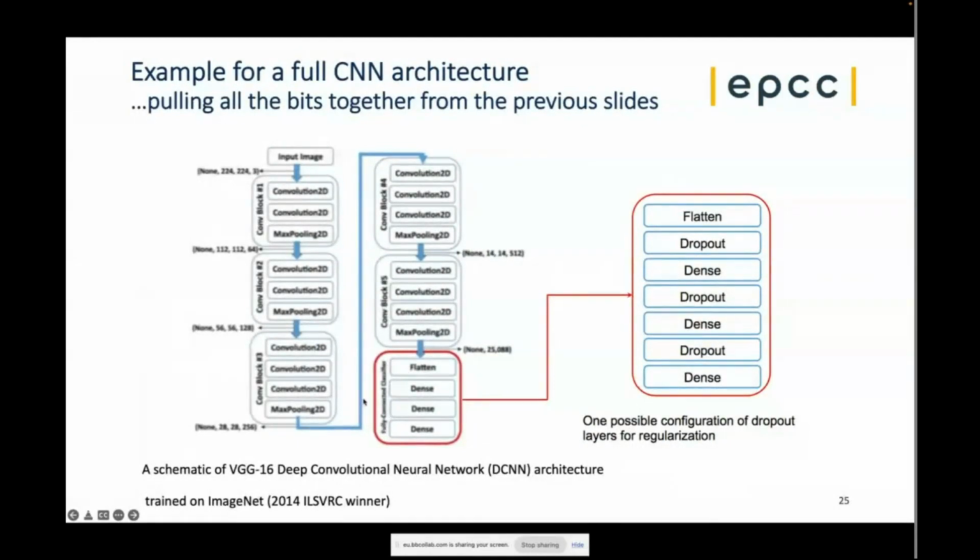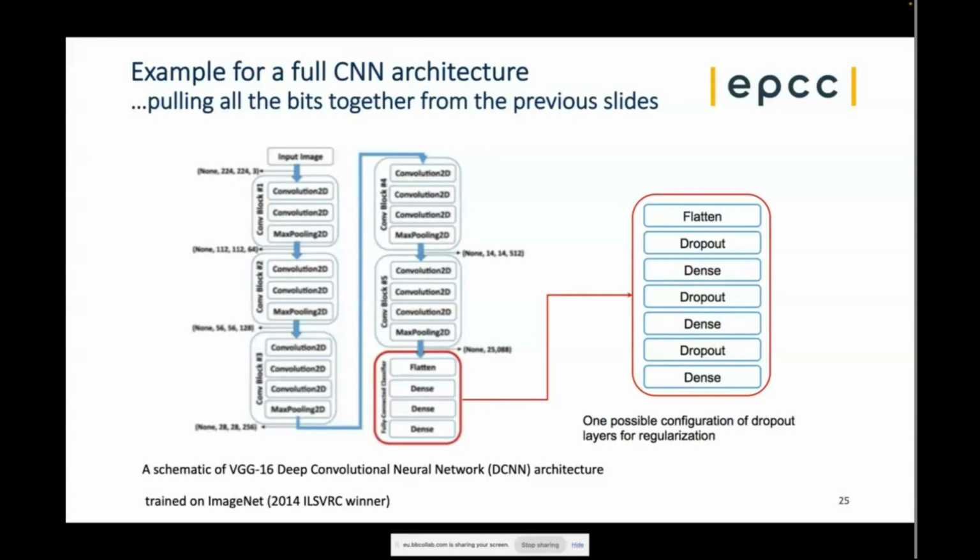So maybe I should have started with this, I don't know, but this is an example of a full CNN architecture. This is something called VGG16. When you're using frameworks like PyTorch, there are existing architectures that you can use as a starting point that have been widely used by others in the past.